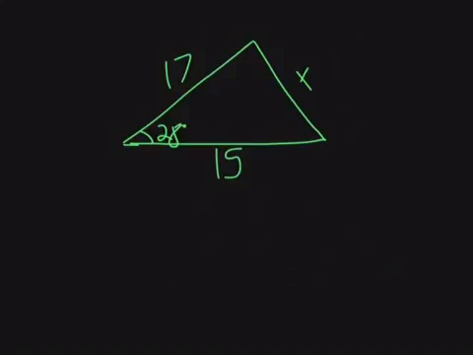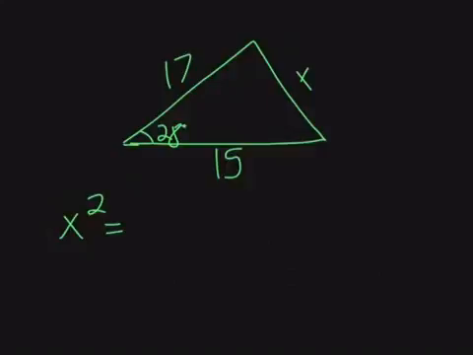Okay, here we are given a triangle. The angle given is 28 degrees. We're trying to find x, and we are given the other two sides, which are 17 and 15. So if you remember, we're going to have to do x squared. X squared is equal to, and remember, the x squared is always the side that is opposite to the angle.